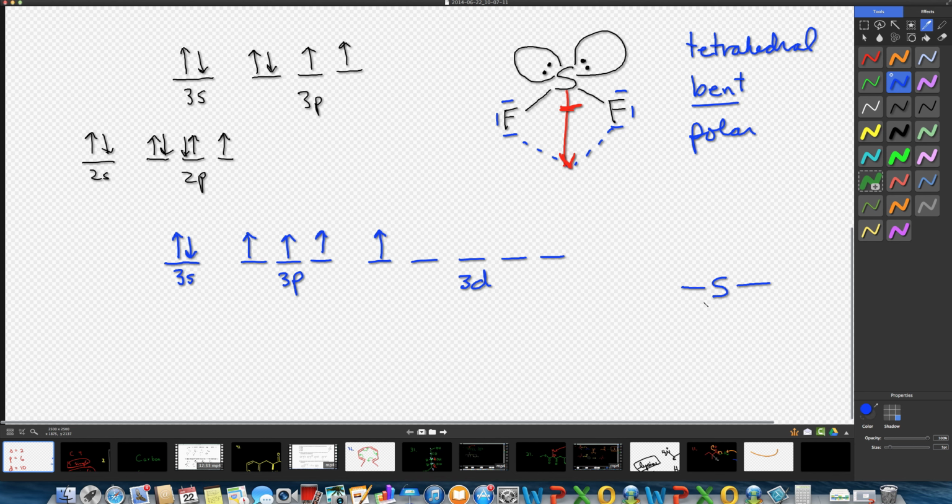This is 5 areas of electron density. So this is in the trigonal bipyramidal family. And this shape is seesaw. And of course, each fluorine has 3 sets of lone pairs.